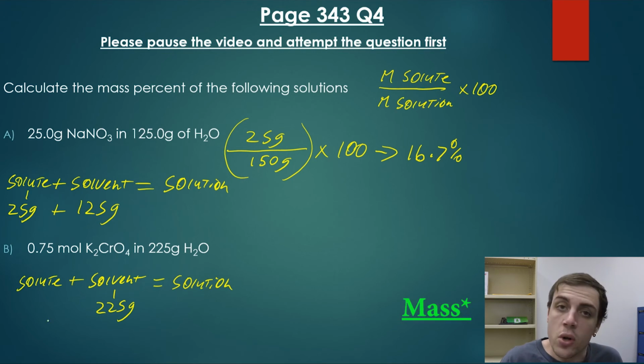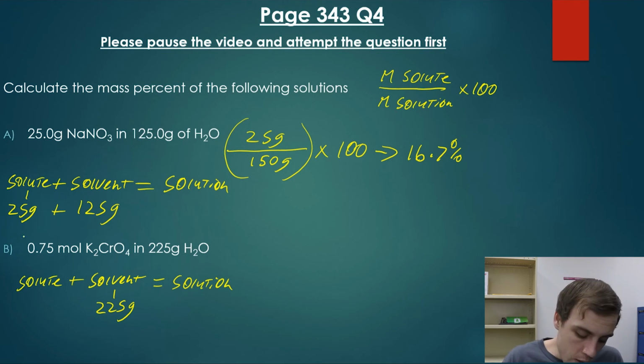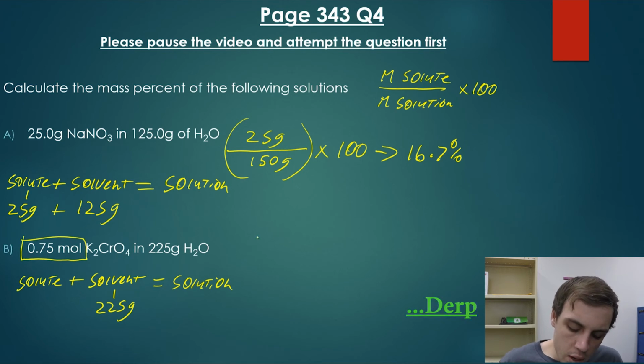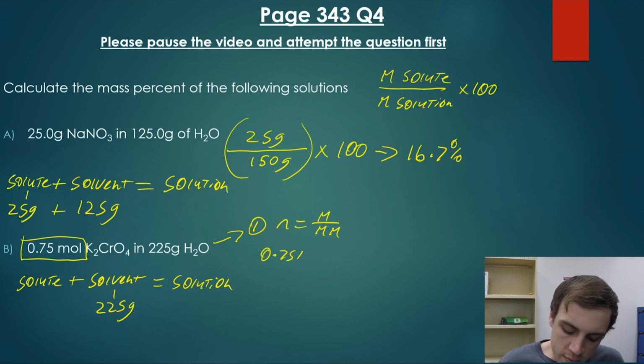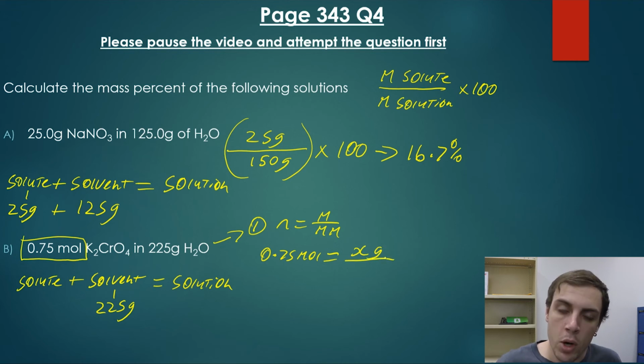We don't have the mass of our solute, but we do have the moles. So our first step: moles is equal to mass over molar mass. So we have 0.75 moles is equal to the mass, which we don't know, divided by the molar mass.